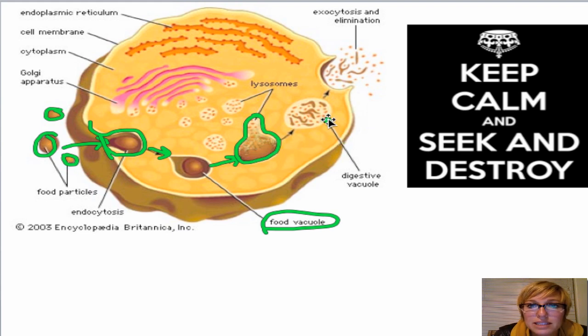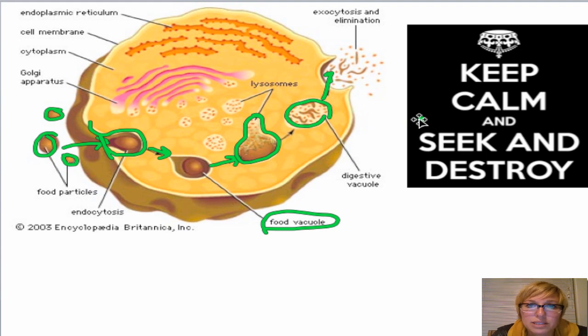So now we have these little chunks of food left, which are probably just going to be waste. The small chunks and things that we're going to need are going to be moved throughout the cell to the spots that they need to go. Well, then this needs to leave the cell. So the cell membrane will then kind of like spit out those waste products.